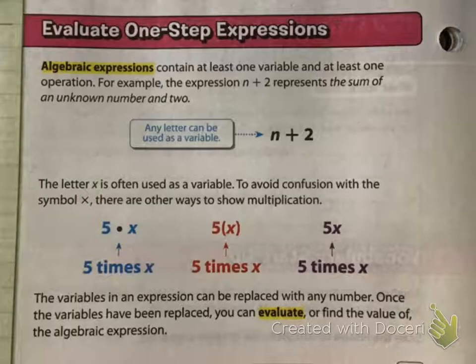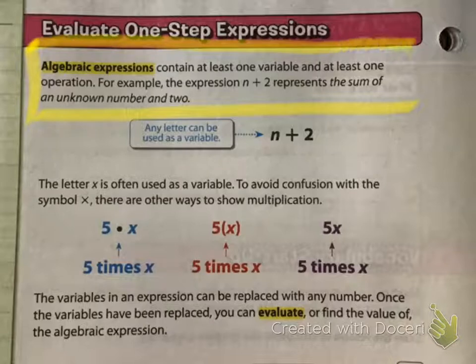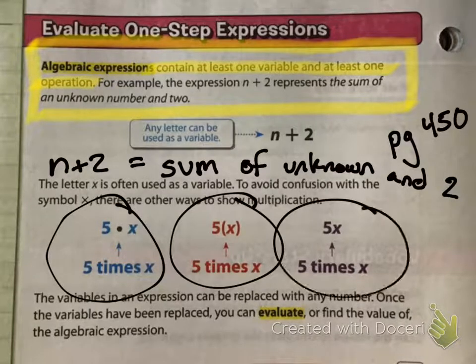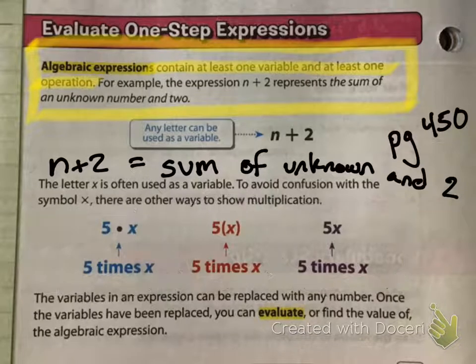I want you to write this top part in your notebook. So algebraic expressions. An algebraic expression contains at least one variable and at least one operation. So all 3 of these mean the exact same thing. When we see that multiplication dot, it means multiply.